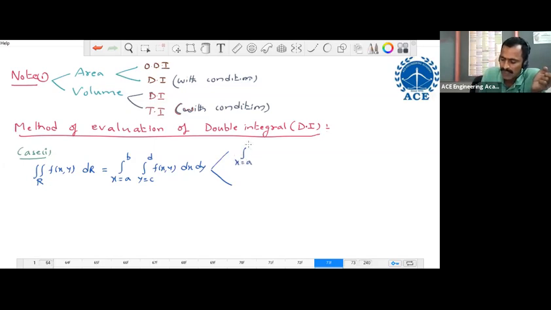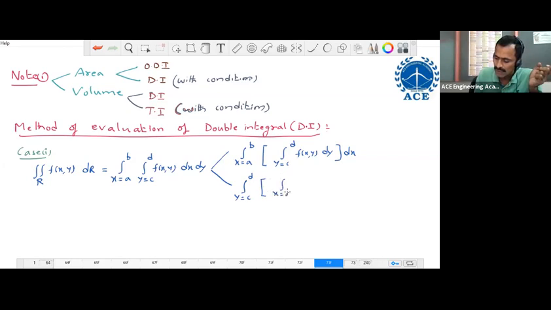Integral x equal to a to b, integral y equal to c to d, f of x comma y dy, then outside dx, or integral y equal to c to d, integral x equal to a to b, f of x comma y dx, then dy. So whenever the integral limits are constants, that is x limits are constants, y limits are constants, we can write this integral in two ways.